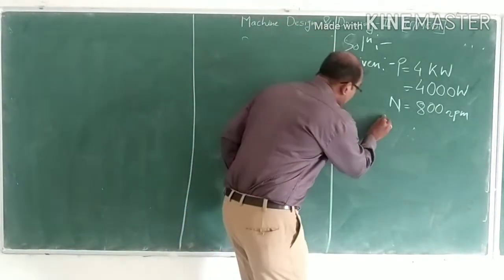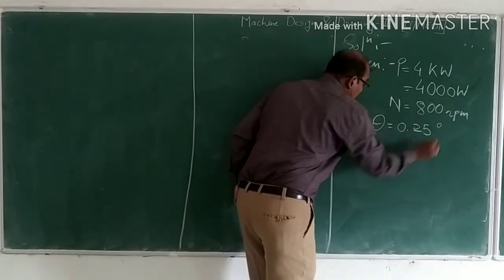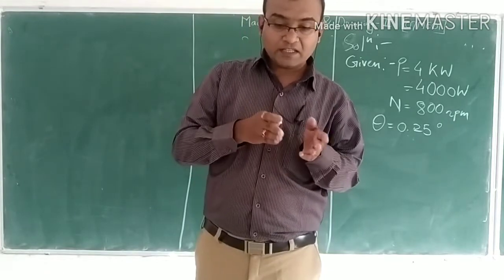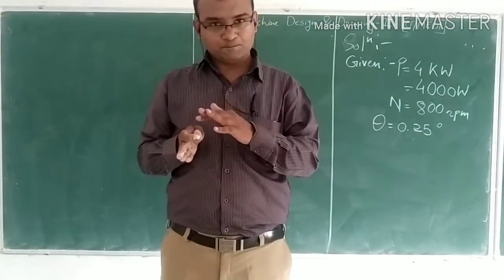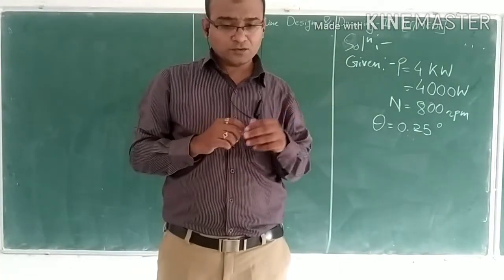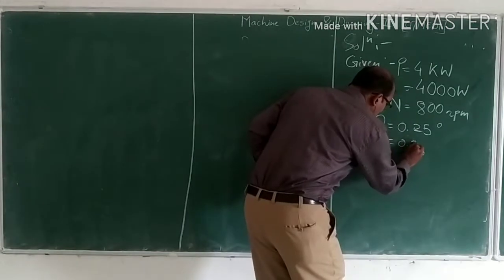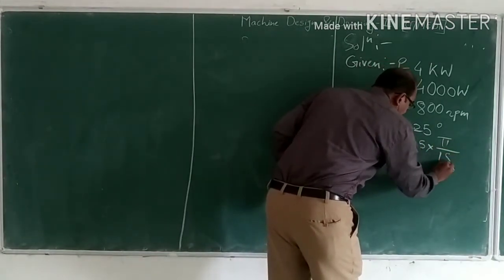So theta is 0.25 degree. And we have already discussed that we convert that degree to radian. For that, 0.25 into pi by 180.